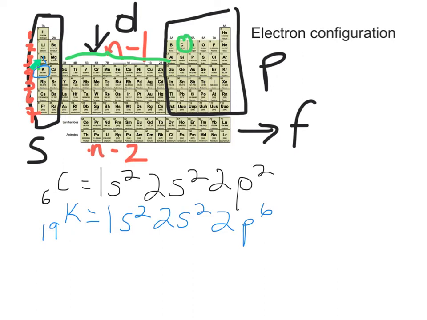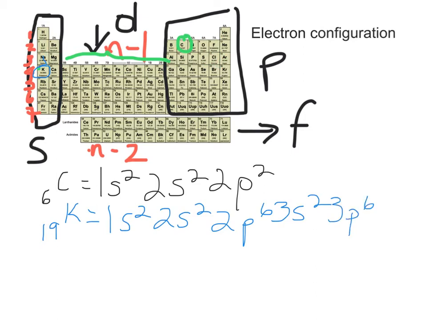Now, next level. Which level is it? This is 3. 3, S block, 2: 3s2. What's the name of this? 3p6, until the end, right?